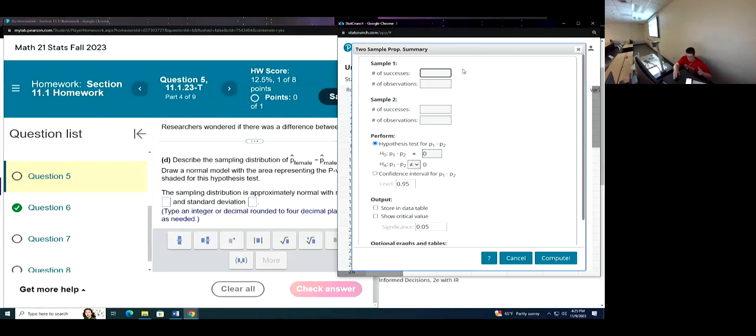I'm going to put it in the order they said. Females was 218 out of 562. And males were 197 out of 514. And they had greater than.